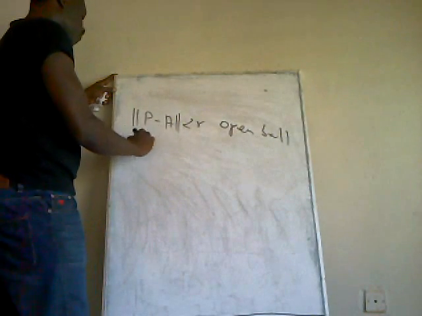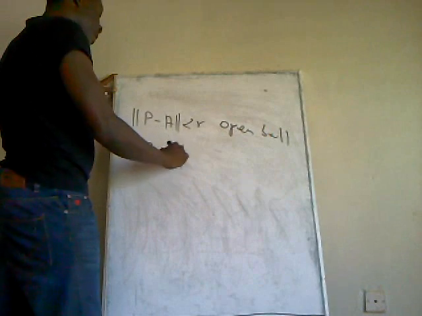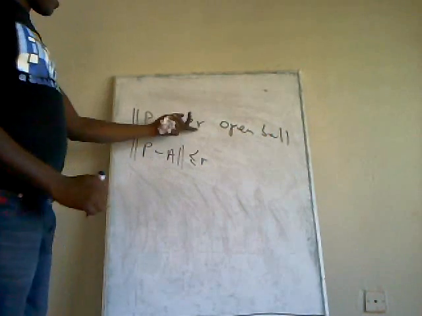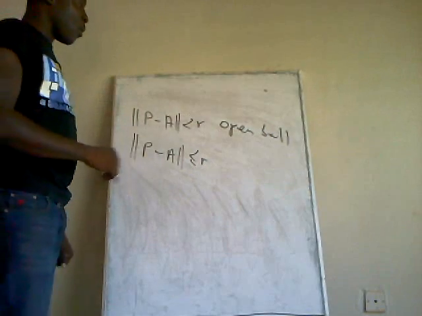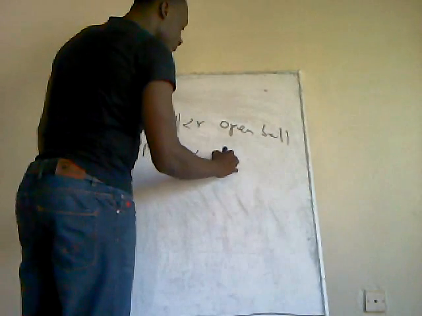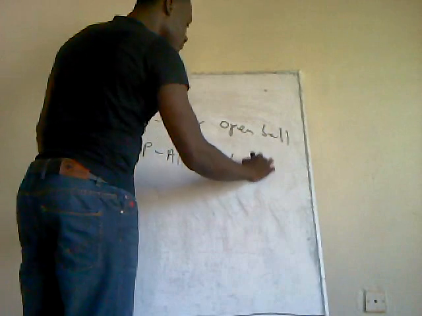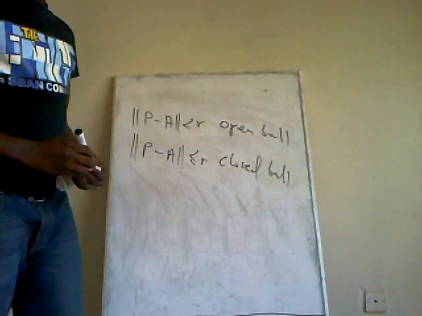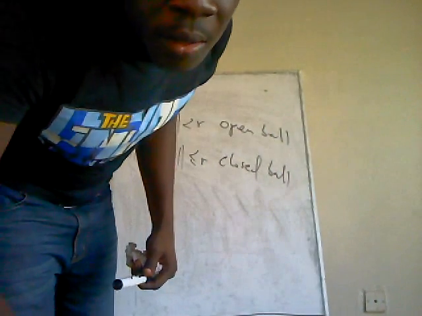And if the distance between P and A is less than or equal to R, where R is a real number, then we call this a closed ball.